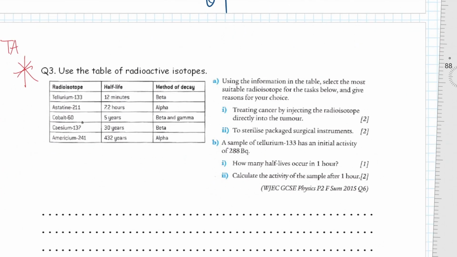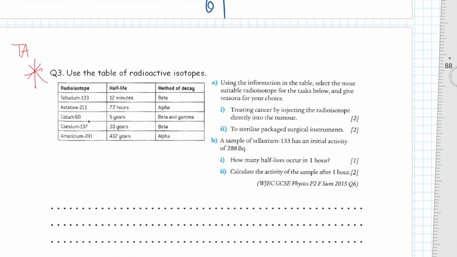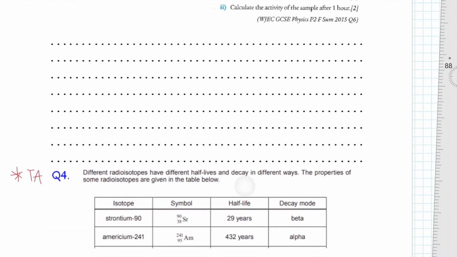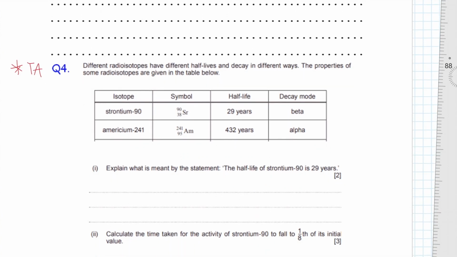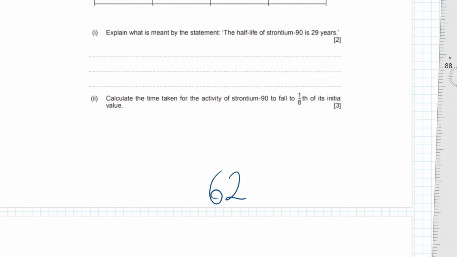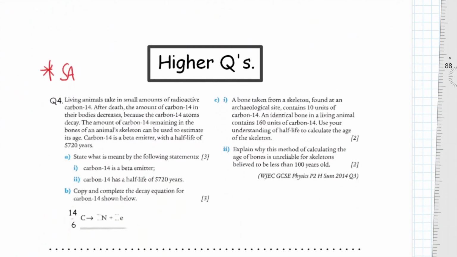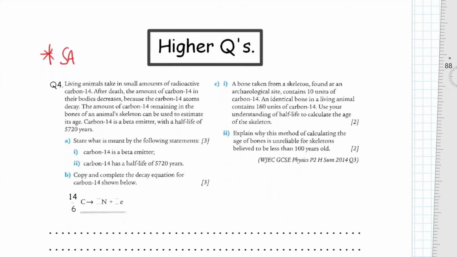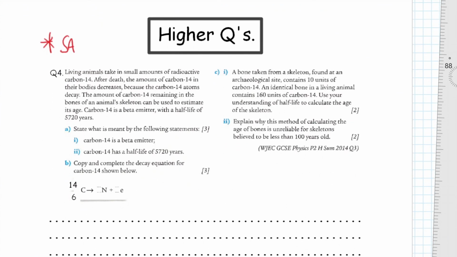Question 3, teacher assessment. So I'd like you to do that. I'm not going to give you the answers for that, so you just complete question 3 then on page 62, and the same please for question 4. When you've completed, obviously press play. Moving on now then to page 63, higher tier questions.